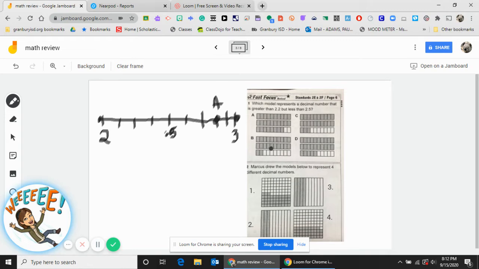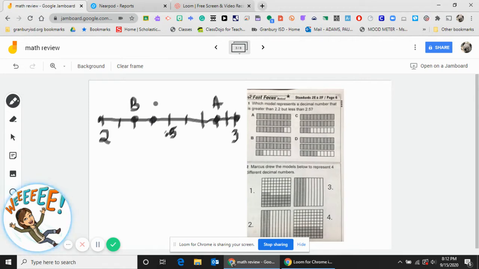B would have to be 2 whole ones, and then there's just 2 colors, so 2 and 2/10. This would be B. I'm plotting that on my number line. And then C looks like it's 2 with 3/10. So no, that's 1/10, 2/10, 3/10.